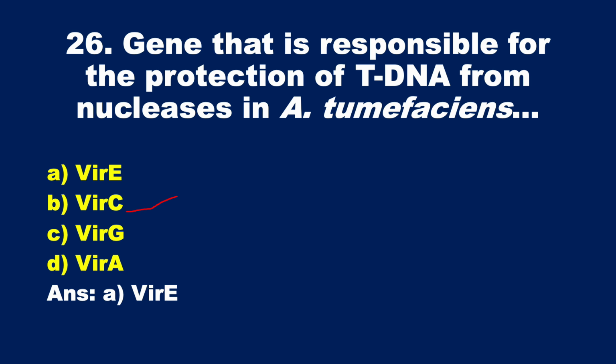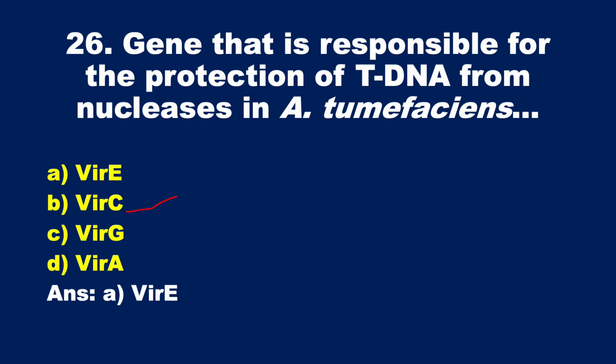The specific role of the VIR-C gene is to encode a protein called VIR-C1, which is involved in the recognition and processing of the T-DNA border sequences. These border sequences are essential for excision and transfer of the T-DNA from the Ti plasmid to the plant host cell.